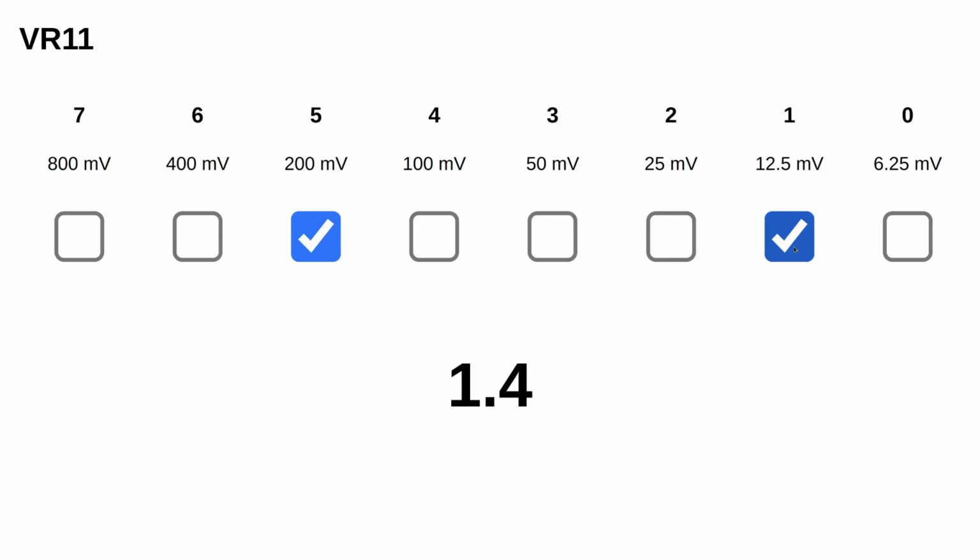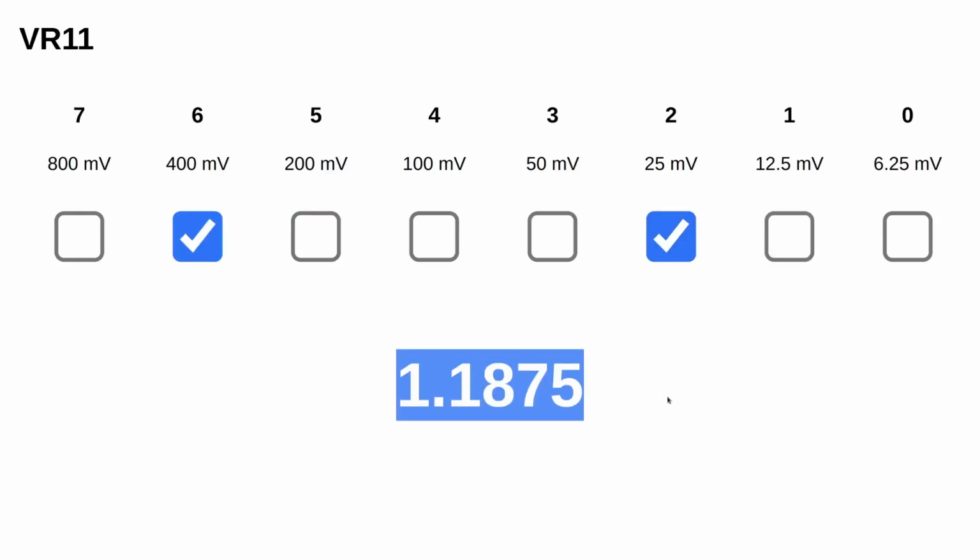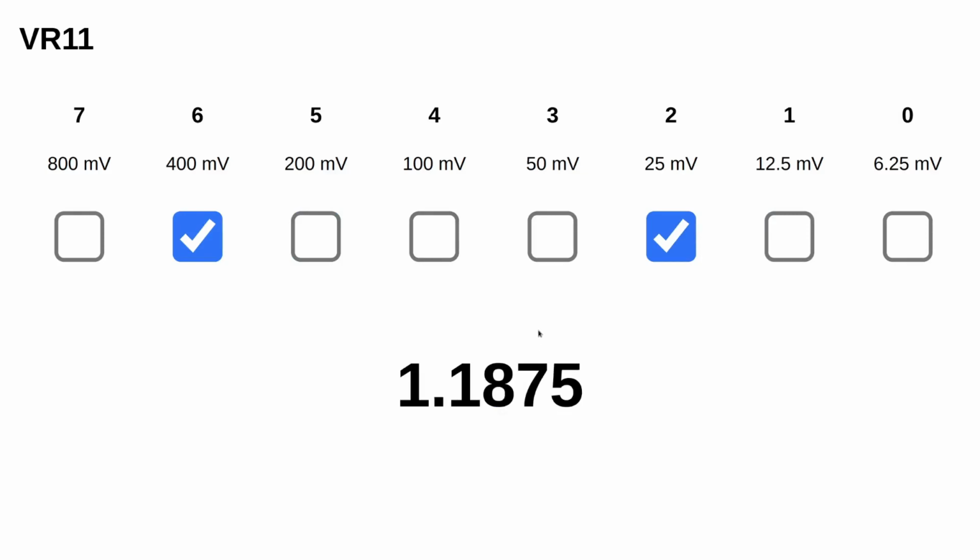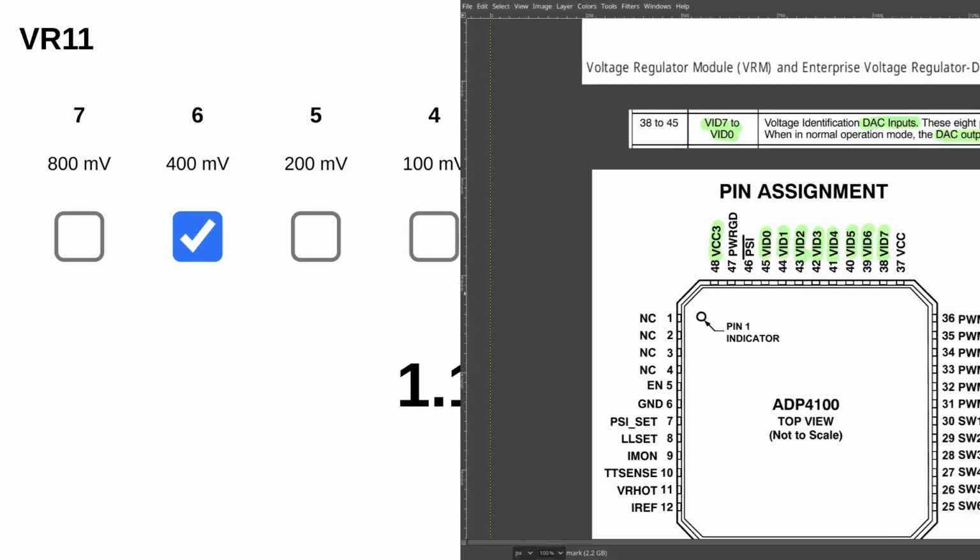But if I put that on the switches the opposite way, right, we've moved these over, you'll get 1.18 volts instead, and you'll be very confused. So just keep in mind that when we talk about these vid codes, the order of the bits can be flipped in practice on your switches or on the controller versus the order that we're looking at them here.